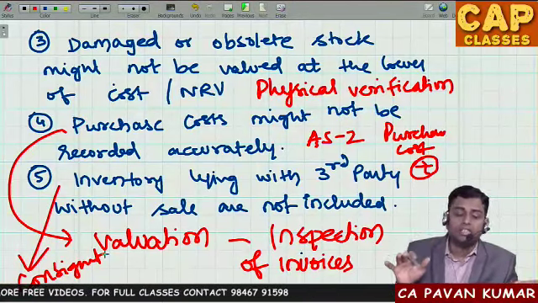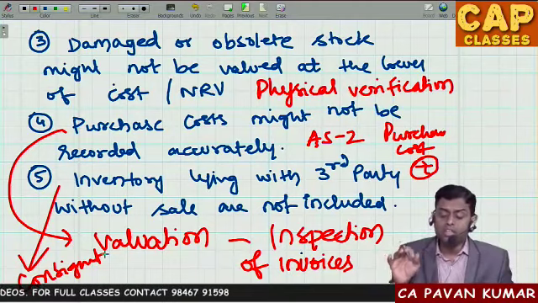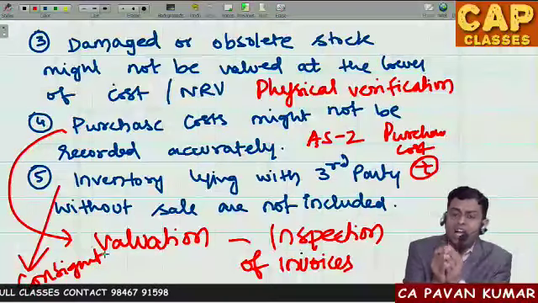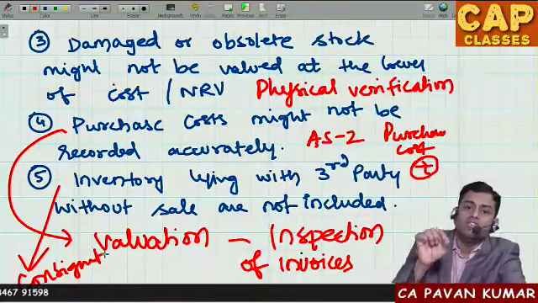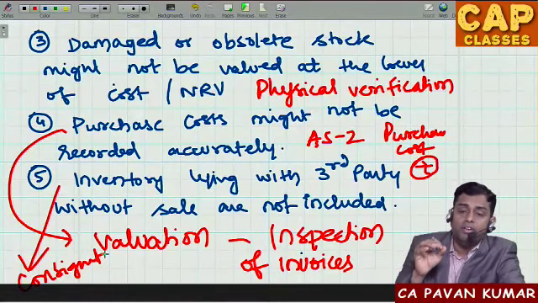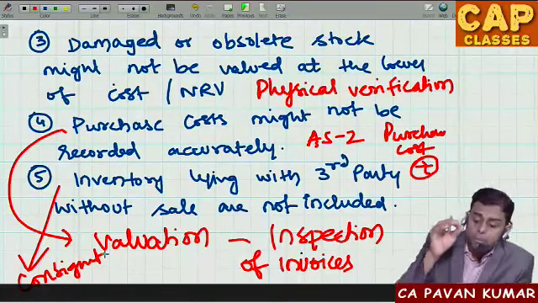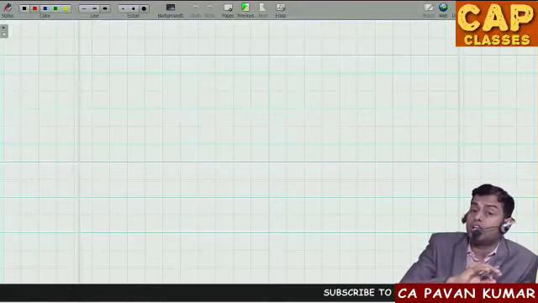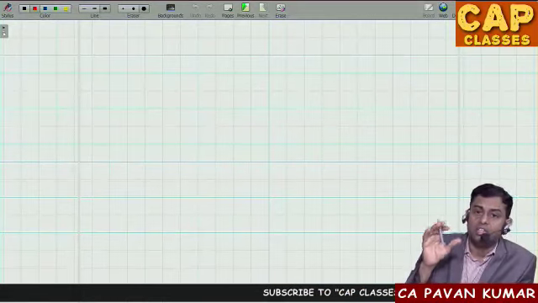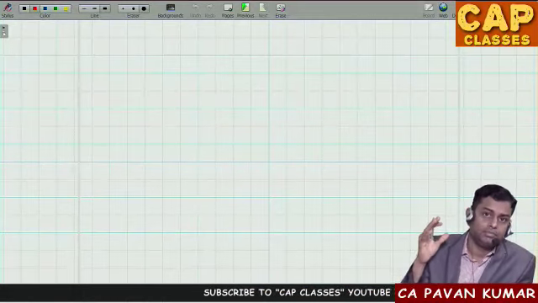So what you have understood from this whole example is that even when one item like inventory is to be verified, that cannot be verified using one auditing technique or one audit procedure. That is the reason Standard on Auditing 500 says there are so many audit procedures and audit techniques.